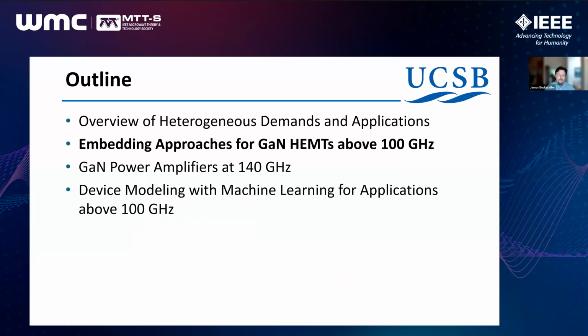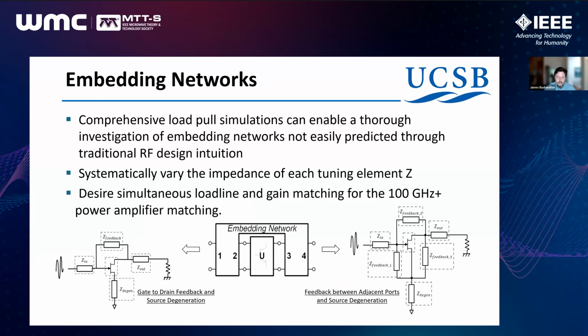So this leads us to our investigation on embedding approaches and embedding networks that could be used in these device technologies. An embedding network is basically a way of generalizing the two-port matching conditions that we are most intuitively familiar with into something that is a four-port network that could both incorporate feedback as well as those input and output matching networks.